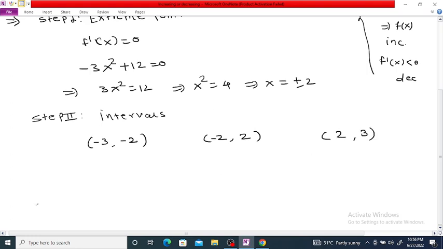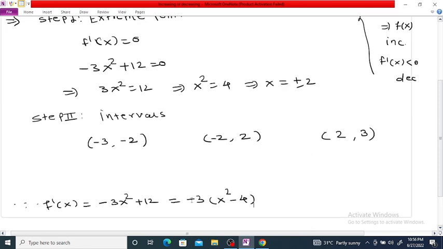Now since f dash x is equal to minus thrice x square plus 12, if we take minus 3 outside, it is x square minus 4.